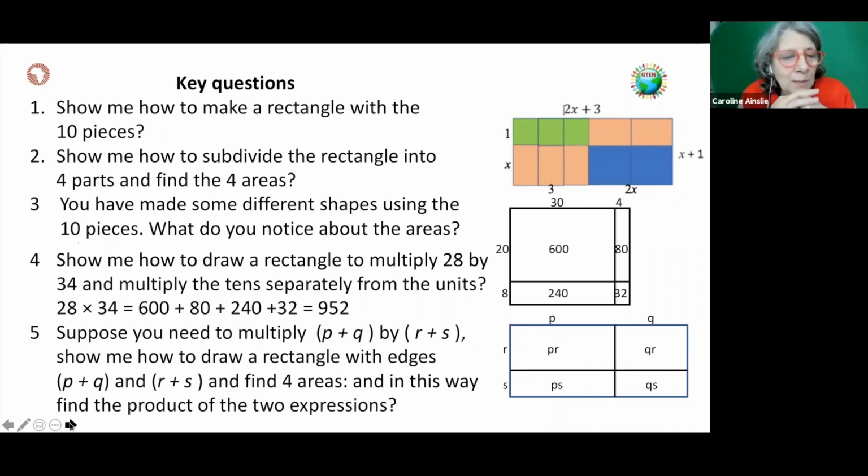So in that way, find the products of the two expressions, but you're not telling them what to do. You're saying, just read the question, you'll see. Let's say you need to multiply it. Show me the rectangle, then find the four areas, and then find the product of the two expressions.